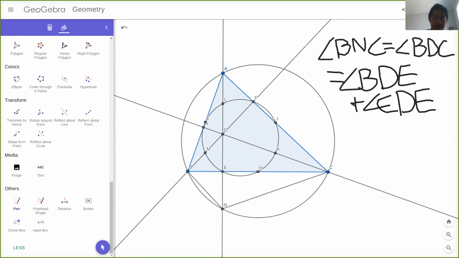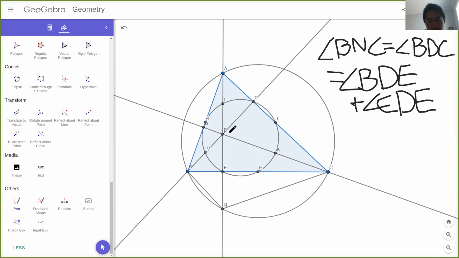And then you see that BDE right here is just 90 minus DBE. And with DBE, we can get rid of this D and this E. We can just say CBF. And so this is 90 minus this.